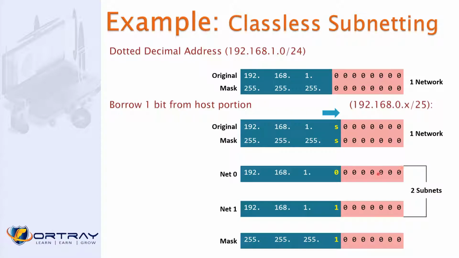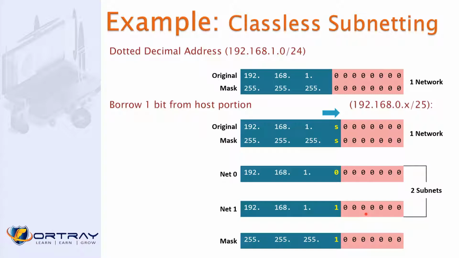Now each of them will have 7 bits, 7 bits for the host portion. 2 raised to power 7, both will have an equal number of hosts, 128 and 128.